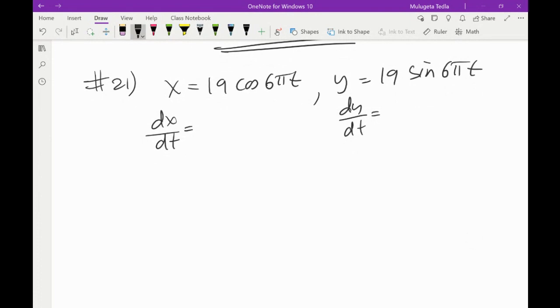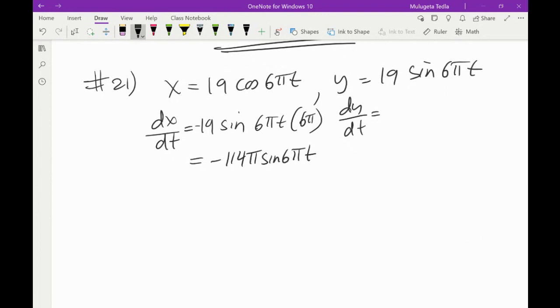Okay, so what is the derivative of dx by dt? It is 19 times negative sine of 6 pi t times 6 pi. So what is 19 times 6? It's negative 114 pi sine of 6 pi t.